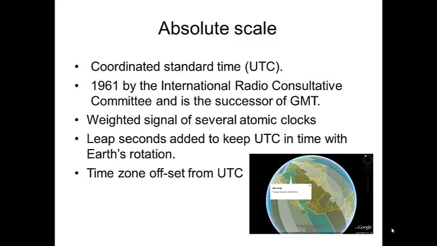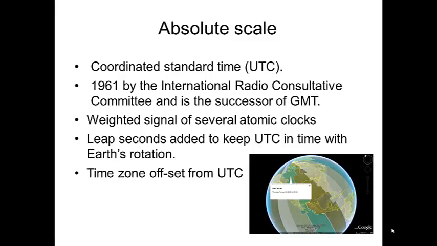Coordinated Universal Time is run by the International Radio Consultative Committee and is basically the modern version of Greenwich Mean Time, which was abandoned in the late 60s, 1970s. And it's maintained by a weighted signal of several atomic clocks, including one just down the road at Teddington, I think. The National Physical Laboratory down there is one of the places that holds one of these atomic clocks that are used.